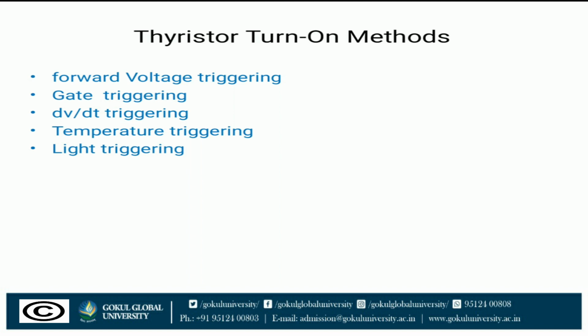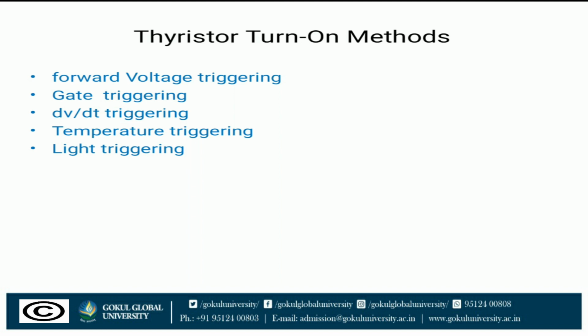Therefore, if the rate of rise of forward voltage dVa by dt is high, the charging current Ic would be more. The charging current plays the role of the gate current and turns on the thyristor even though the gate signal is 0. Note that even if Va is small, it is the rate of change of Va that plays the role of turning on the device.